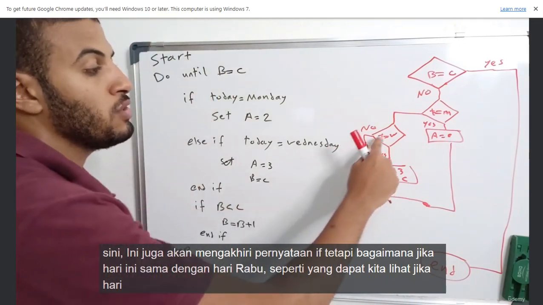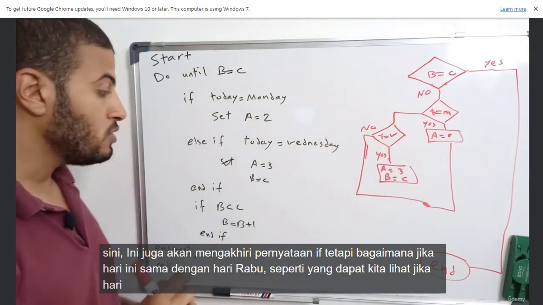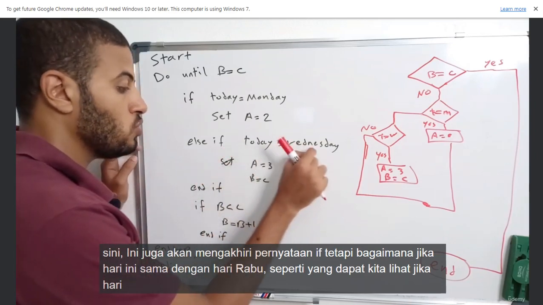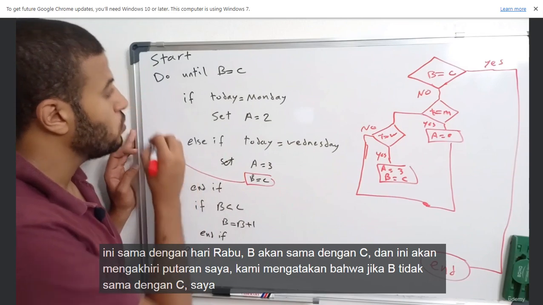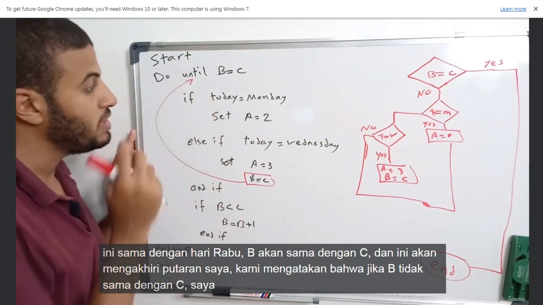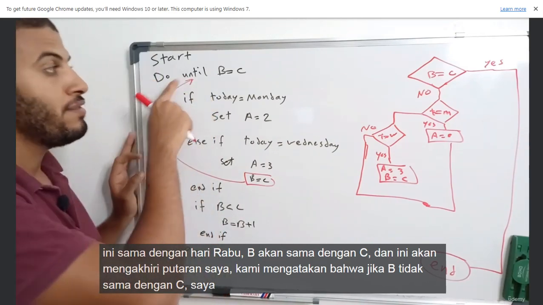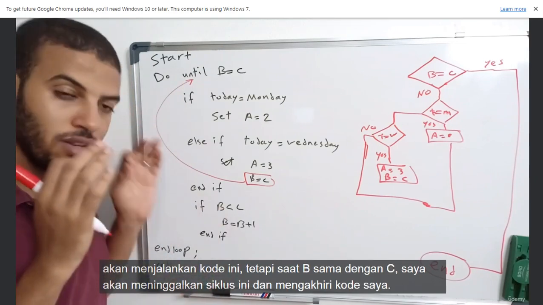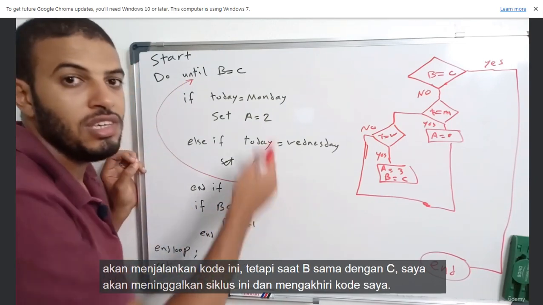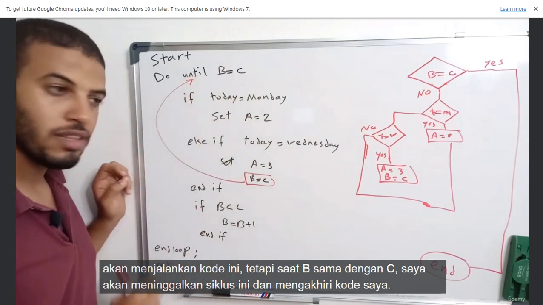But what if today equals Wednesday? As we can see, if today equals Wednesday, B will be equal to C, and this will end my loop. We said that if B is not equal to C, I will execute this code. But the moment that B is equal to C, I will leave this cycle and end my code.